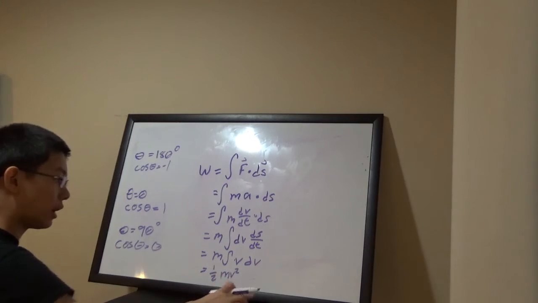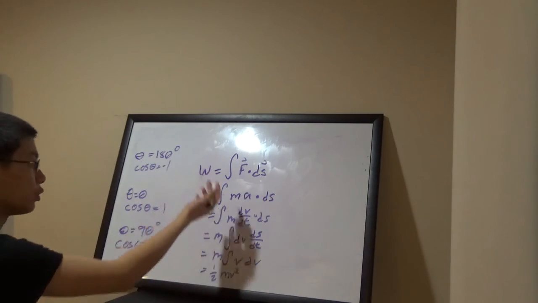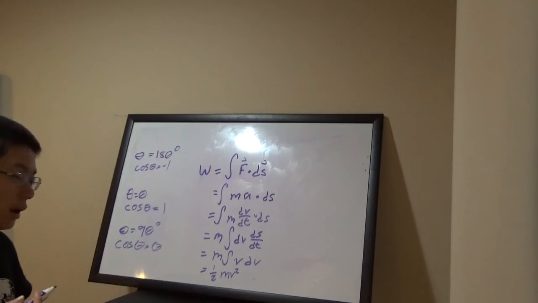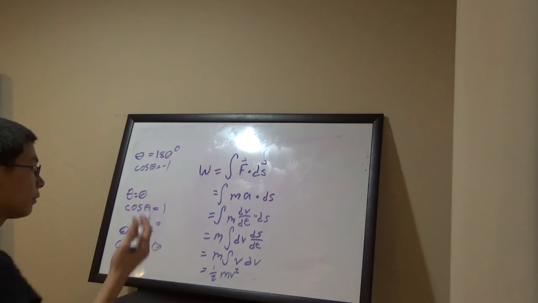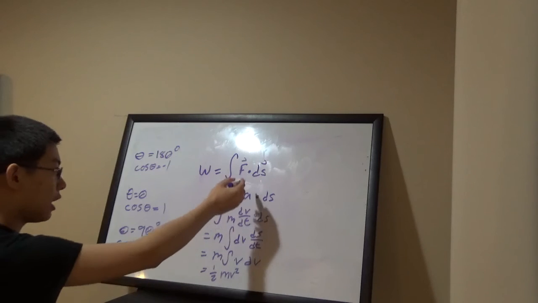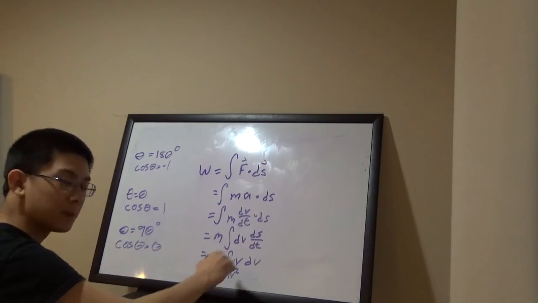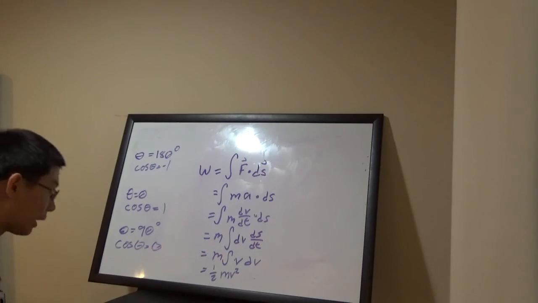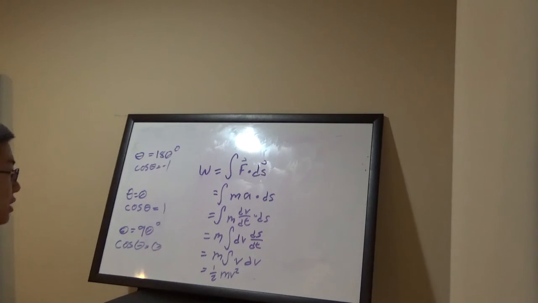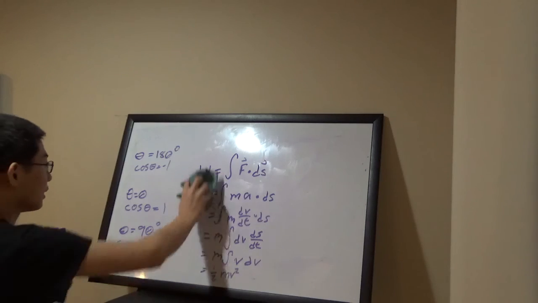So we just get stuck with this: 1/2 mv squared is equal to our work. So what energy would do this work? Well, that would be our kinetic energy, because this is the work that's done just because an object is moving, based on its velocity. Alright, so that's something cool we did. We just proved that kinetic energy is 1/2 mv squared.